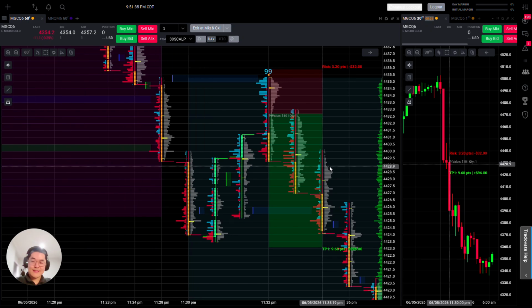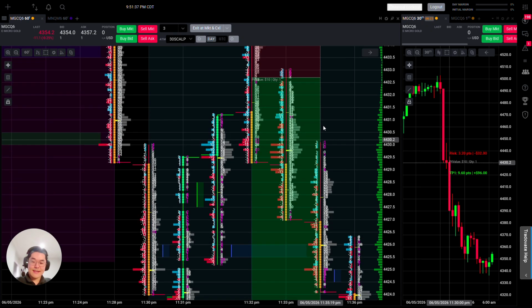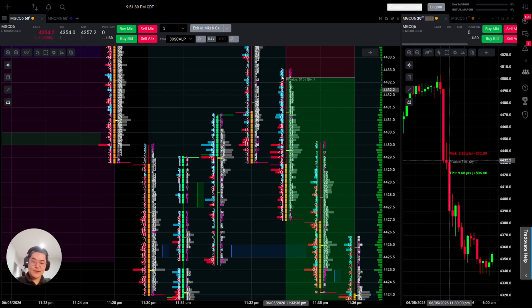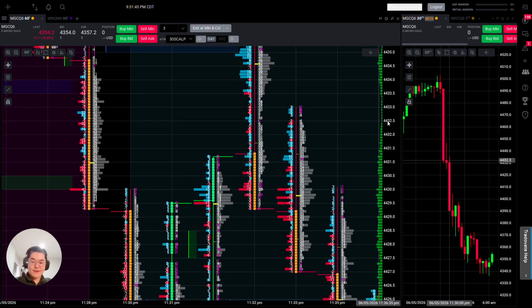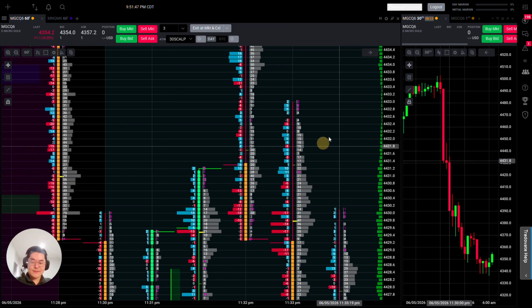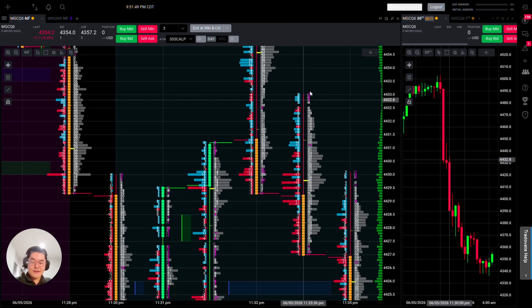Now let's zoom into this candle a bit, this candle that we entered on, which would be this one. You can see these purple numbers, completed auction. So what happens? Price comes up. No one wants to trade on the other side of here, and price reverses.